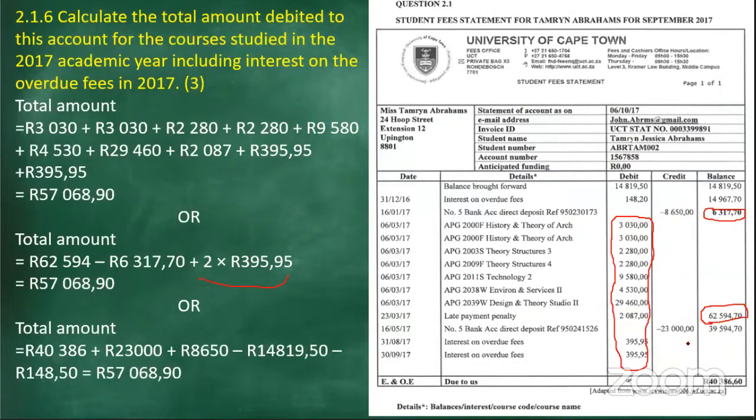Another way is to take the overall total due to the university, 40,386 rand 60 cents, plus the amounts on the credits. You add those, and then you subtract what?